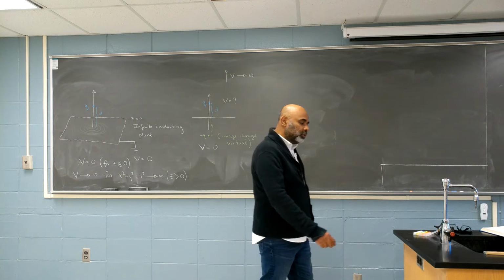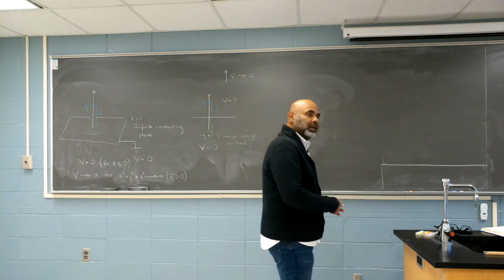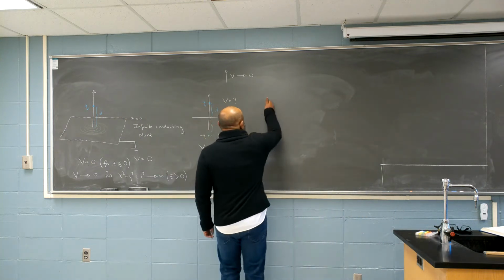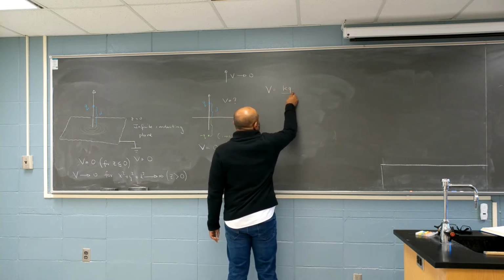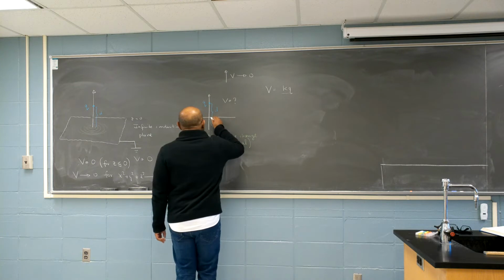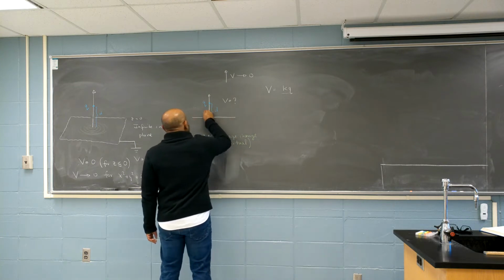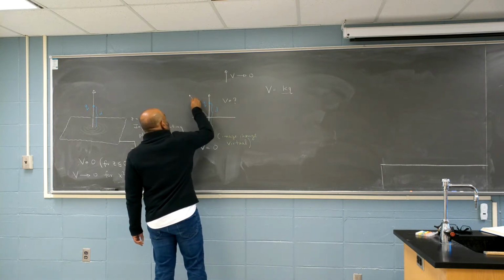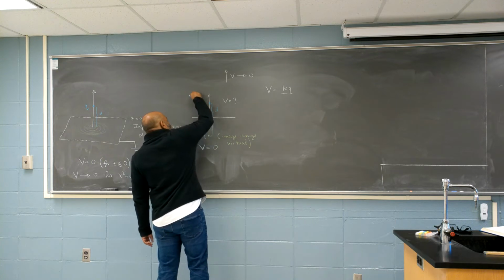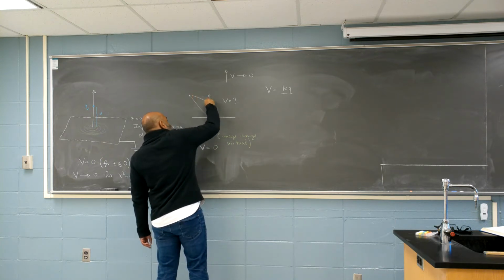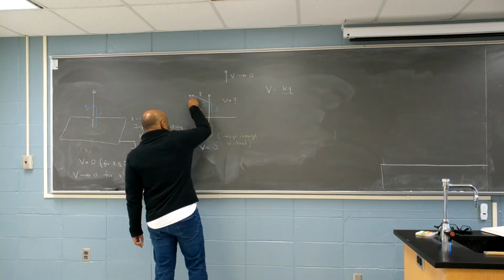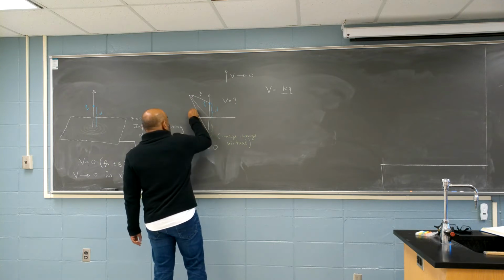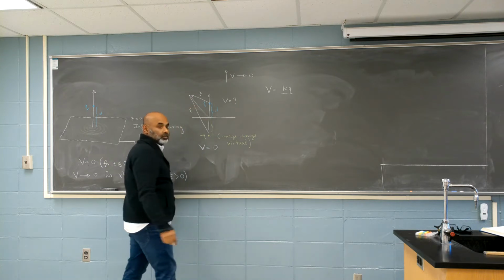Now, if these two charges existed, what would be the potential above? Well, at any point over here, let me call this R, and let me call this R prime.